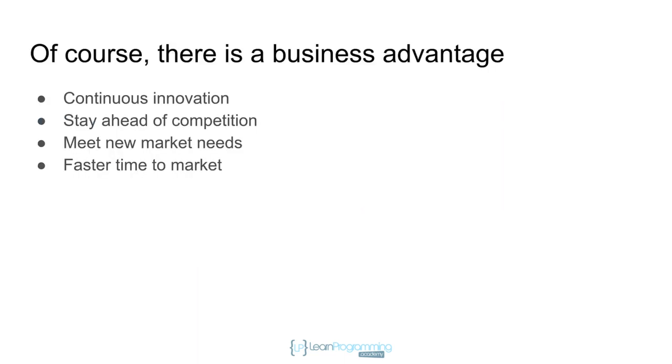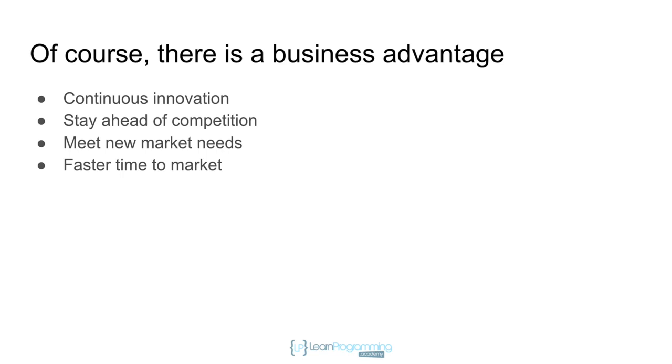Well, there is of course a business advantage to using DevOps. You can continuously innovate. As soon as you get a new idea, you can get it to your users very quickly. This means that you stay ahead of your competition. Because if they are not implementing a good DevOps strategy, well, they stay behind. They cannot implement as fast as possible.